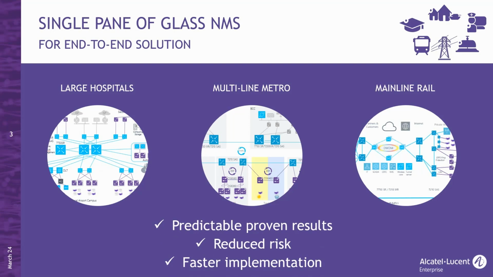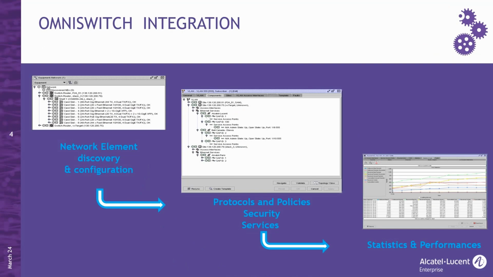Through the integration of selected OmniSwitch network elements into NSP and NFMP application, network administrators gain the ability during deployment to configure OmniSwitches down to port-level details, enclosing features such as power over Ethernet, port mobility, and learned port security.